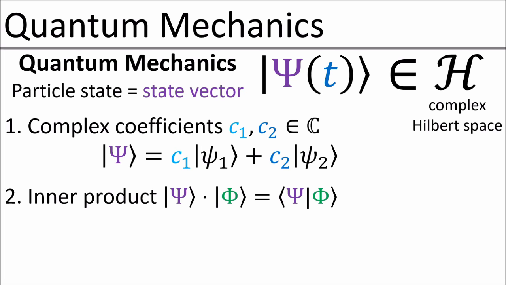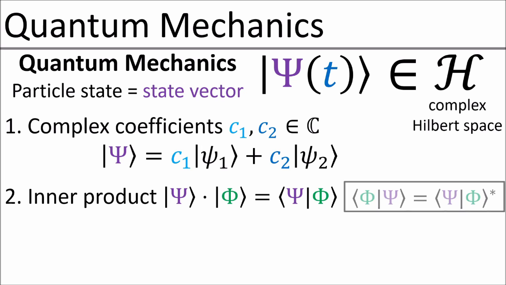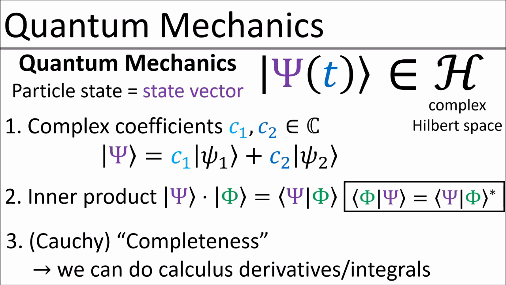There is also an inner product, or dot product, between vectors, which is often denoted like this with angle brackets. And performing this inner product in the opposite order gives the complex conjugate of the original result. Hilbert spaces also have a property called completeness, which basically means we can do calculus and do derivatives and integrals in the ways we expect.